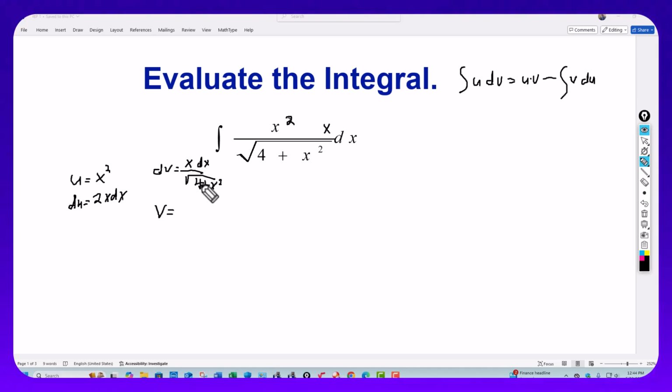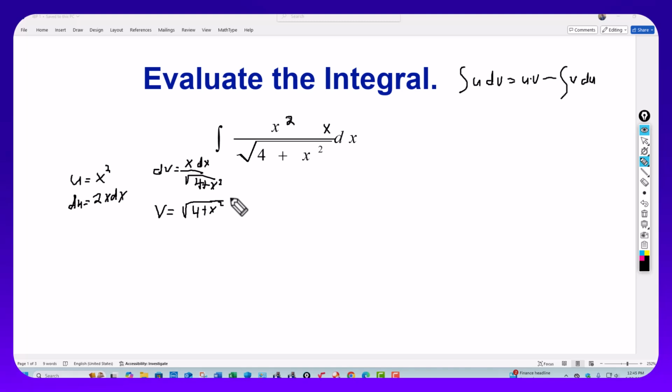So I could do a separate substitution using the variable t if you want. And notice again the derivative of this would be 2x. We only have an x, so we'd have a half out here in front. And then integrate, and this is going to come out to the square root of 4 plus x squared. Because notice if I take the derivative of the square root of 4 plus x squared, the 1/2 comes out in front, and the derivative of 4 plus x squared using the chain rule is 2x, and the 1/2 cancels the 2, leaves me with an x.